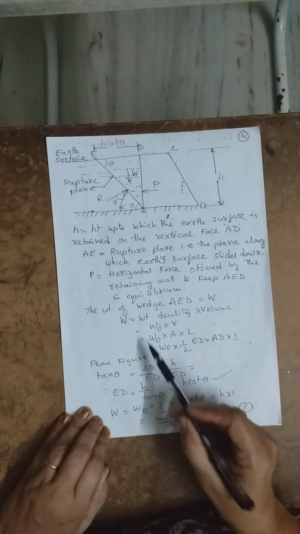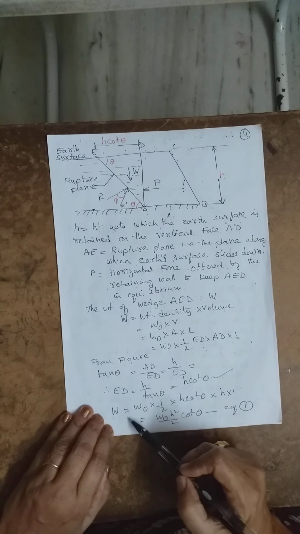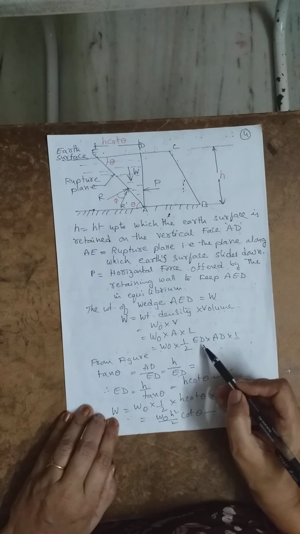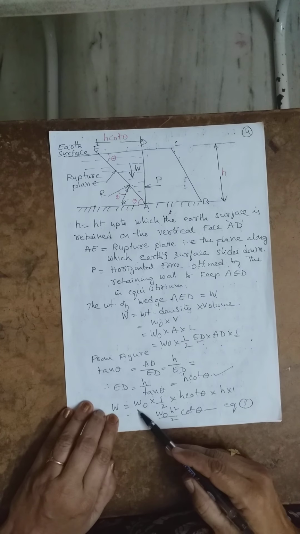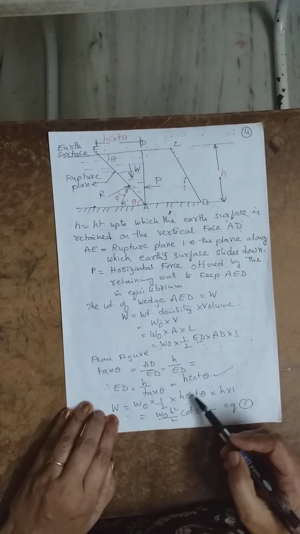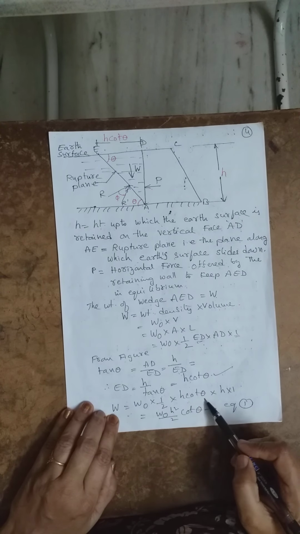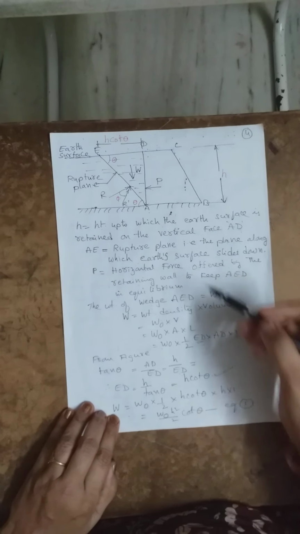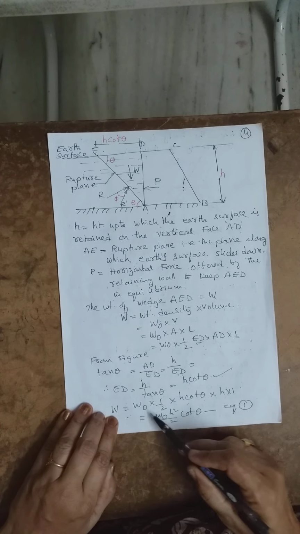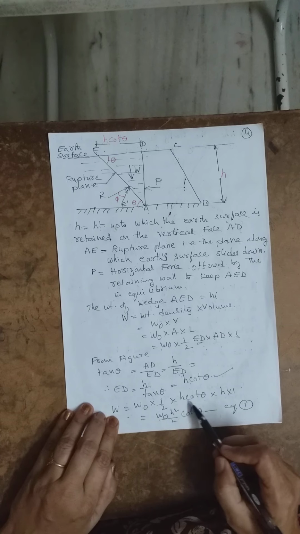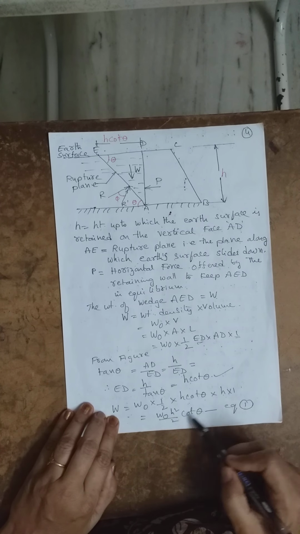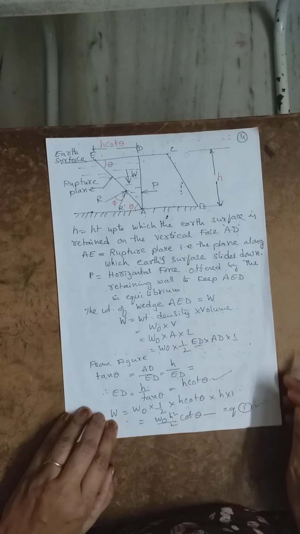Now in the weight of the wedge AED, W, in the place of ED we substitute this value: w0 into half into H cot theta into AD, which is H. So W is w0 H square cot theta by 2. This we have taken as equation 1.